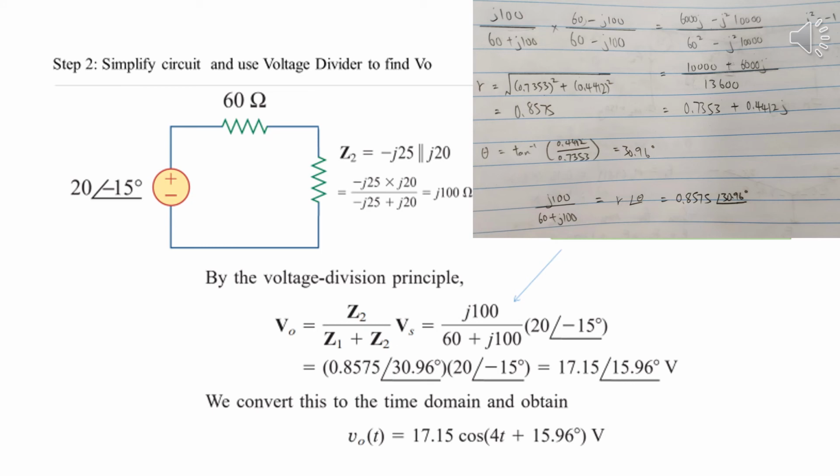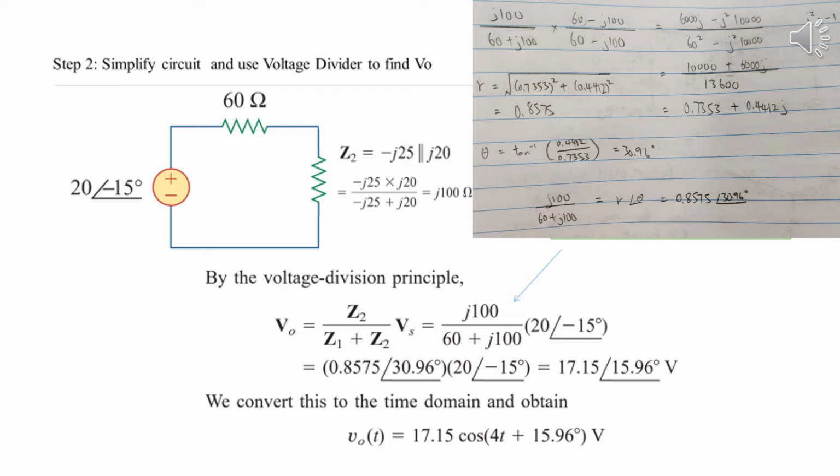Step 2: simplify the circuit and use voltage divider to find V0. Now we can find that Z2 is equal to j100 ohm. By using the voltage division principle, V0 is equal to Z2 over Z1 plus Z2, multiplied by the voltage source. Now we have to change the complex number form into phasor form in order to multiply and add up the angles.